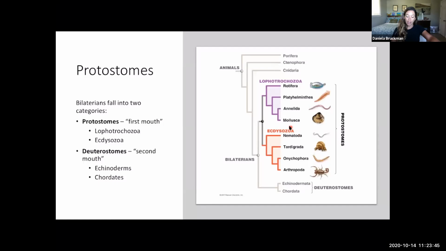So for today, we're going to be focusing on this first group shown in purple, the Lophotrochozoa, including the rotifers, the Platyhelminthes, the Annelida, and the Mollusca. Please note that today we won't be looking at the rotifers in lecture, but we will have a chance to check out some live rotifers in lab. So for lecture, we won't be covering the rotifers, just these three phyla.